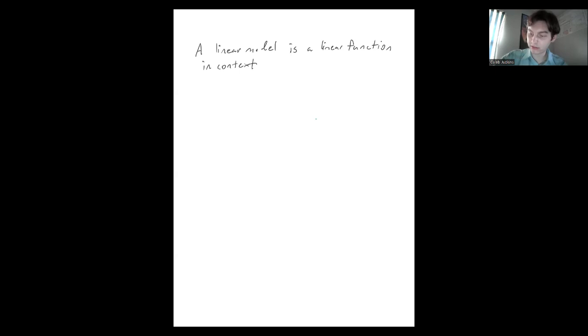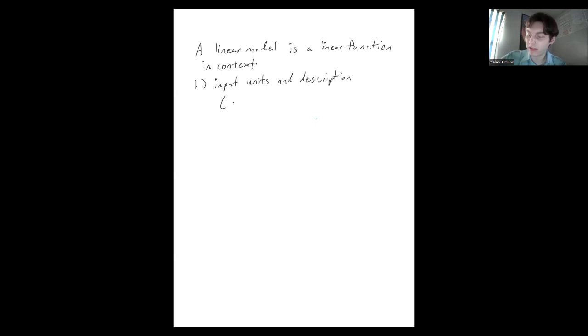So for one, we want to include input units and description. Something like if we're at the gas pump, then our input units would be gallons, but the description would be gasoline purchased at the gas station.